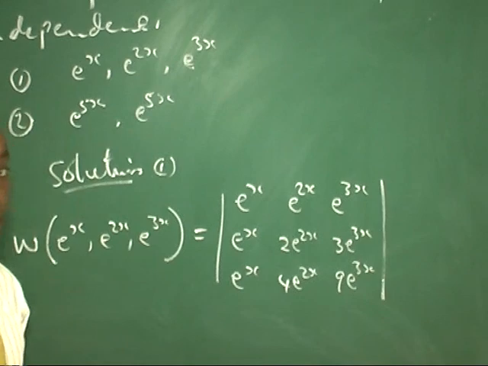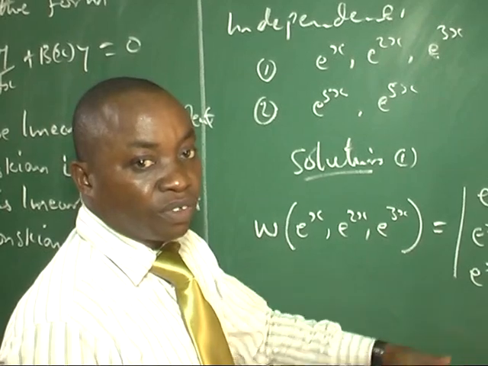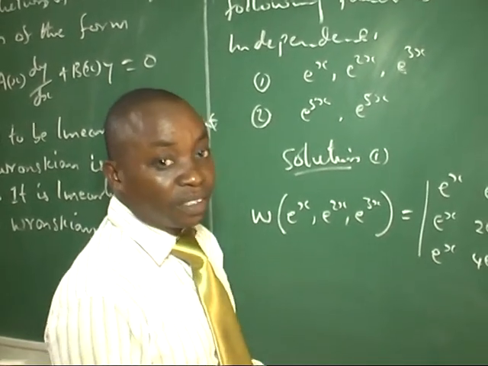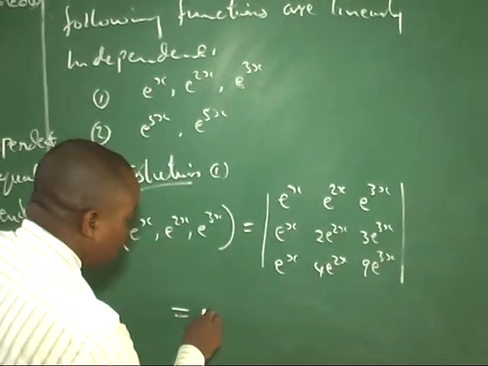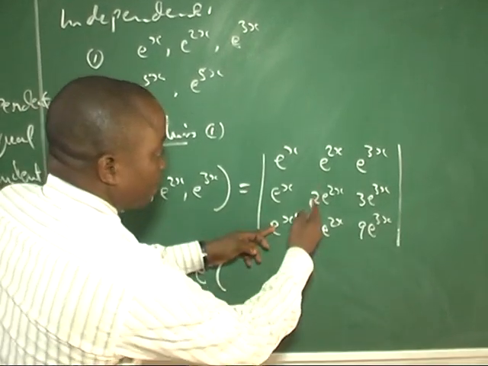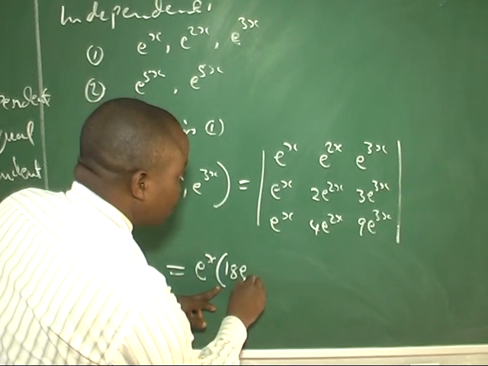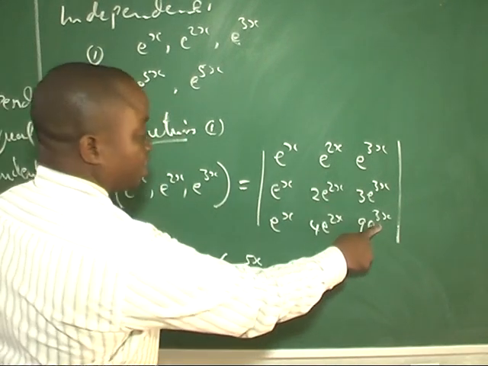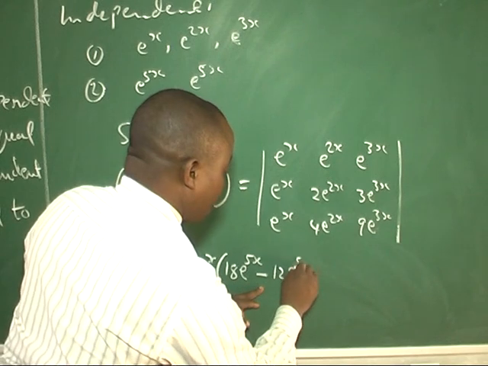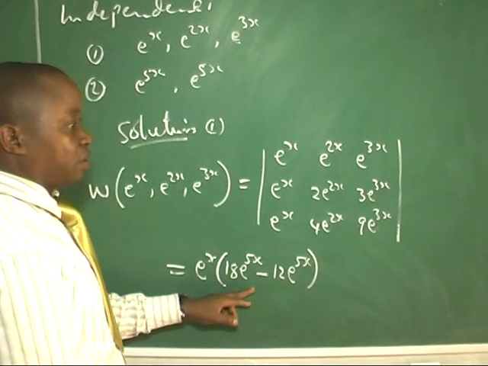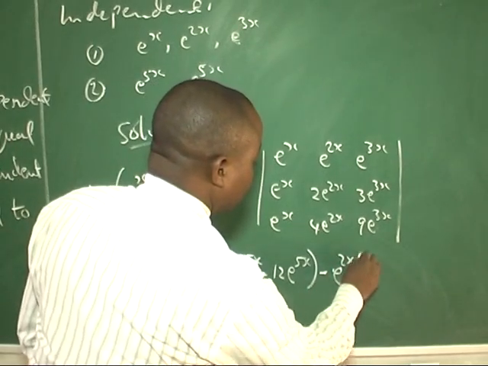It is assumed that the students are familiar with differentiation, and I know that before you watch this type of lecture, you have offered elementary calculus. You know about differentiation very well. So now we have exponential x. You also know about this determinant. This time this will give us 18 exponential 5x. You see, this time this is minus 12 exponential 5x. Then you have minus exponential 2x.